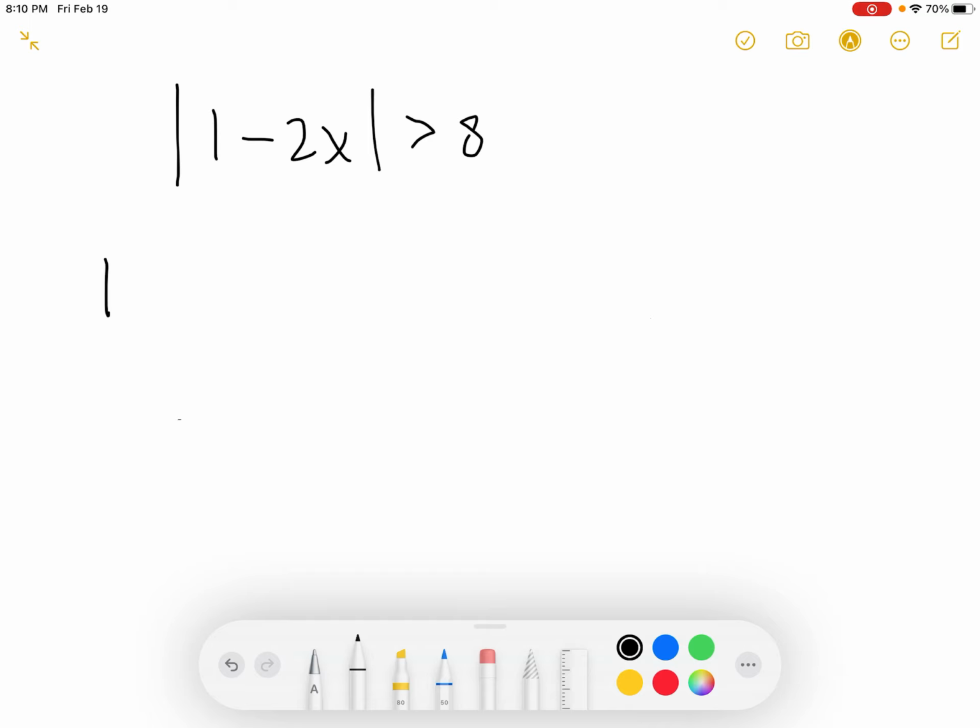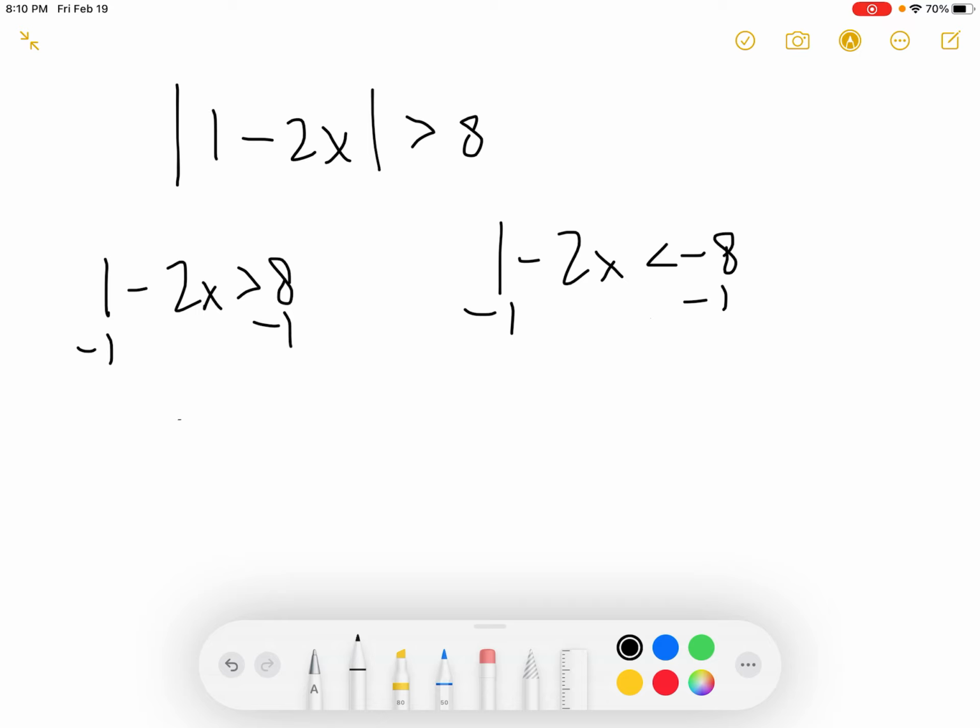We still need to do two different inequalities, and then we solve once again. We would just get the opposite of that. So this time x is less than negative 7 over 2, and x is greater than 9 over 2.